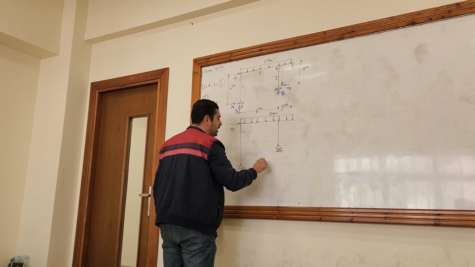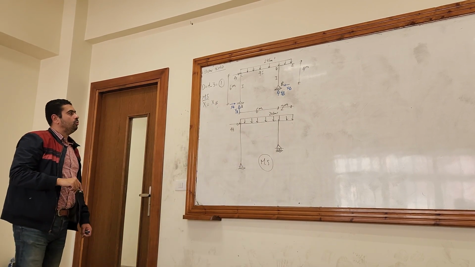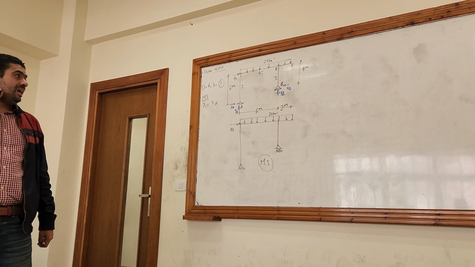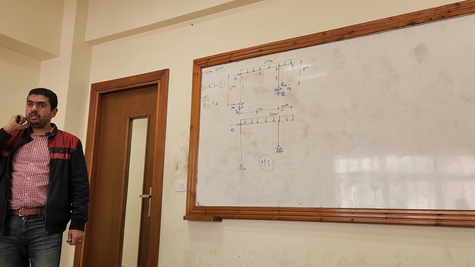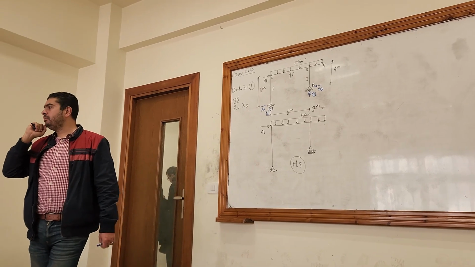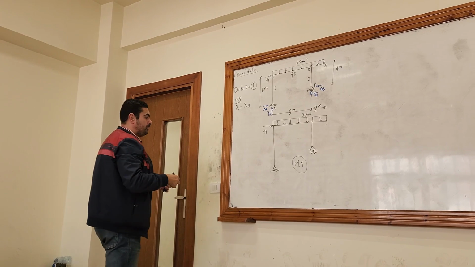So this is called the main system. What was the third step in the superposition? The third step, you now have a determinate structure. Please draw the bending moment diagram and name it M node. The same steps as in the superposition.